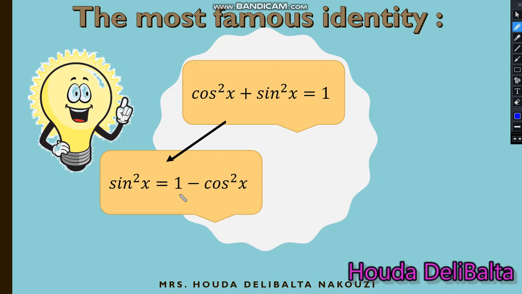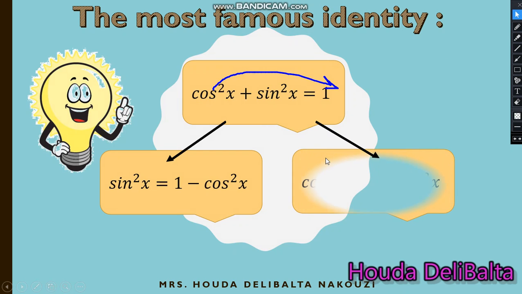Actually, this identity and the first are the same, because all I did is take cosine squared x to the other side, then I get sine squared x equals 1 minus cosine squared x, and in the training exercises, you are going to know when to use this one.